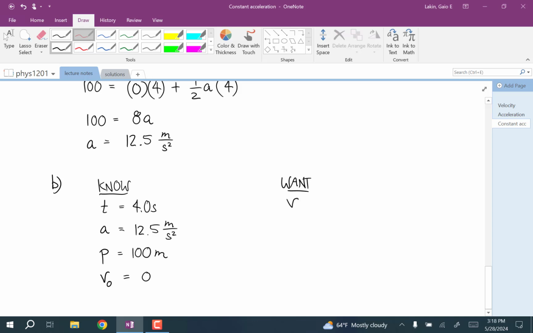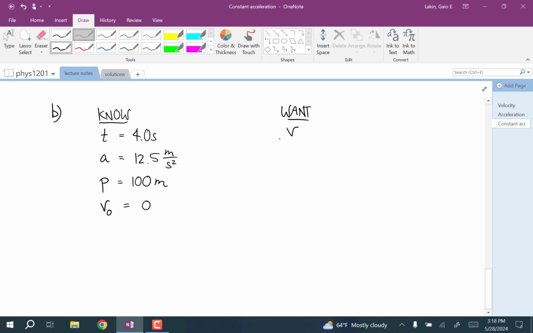Okay, so is there an equation that we can use to find V? Well, let's just go through them from the start again. Let's think about this first equation. V is equal to V0 plus AT. Does this one work? Well, it has the variable we're looking for. That's good. V sub 0 we know. A we know. T we know.